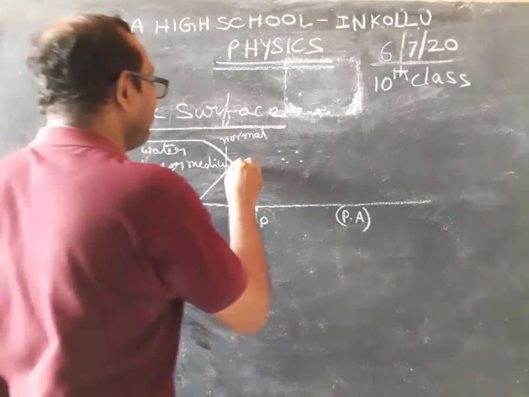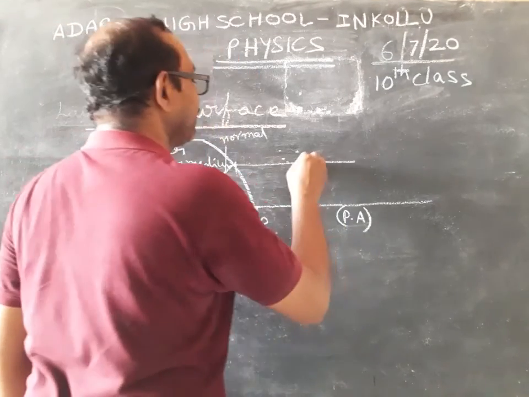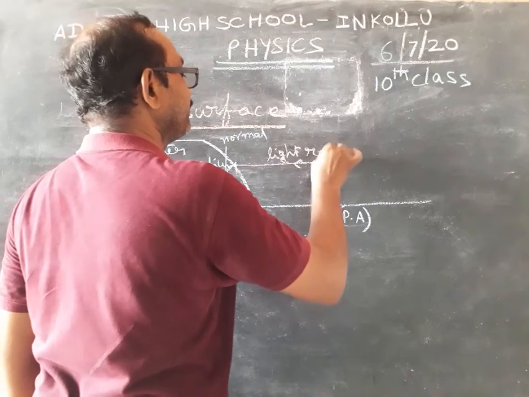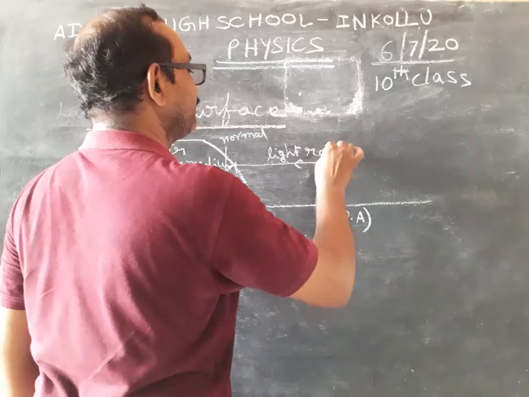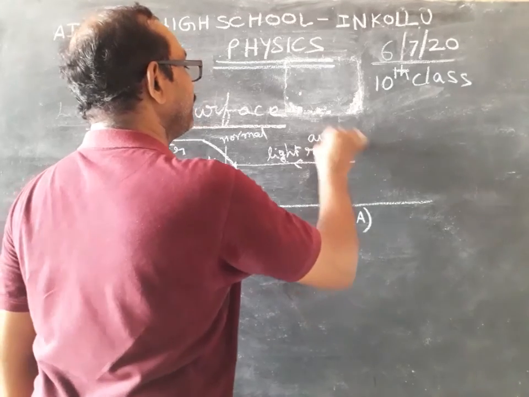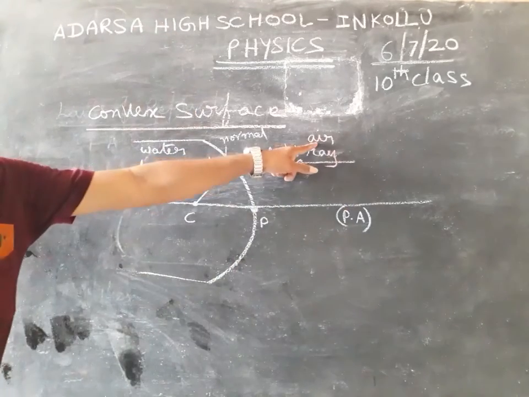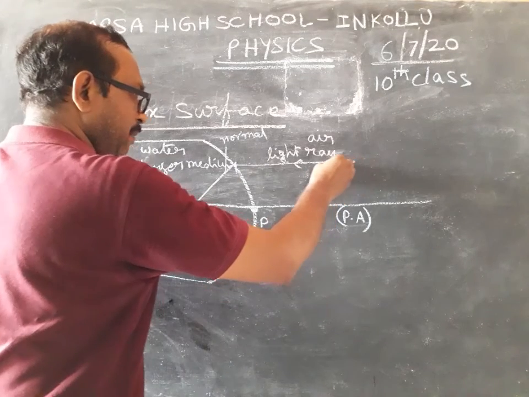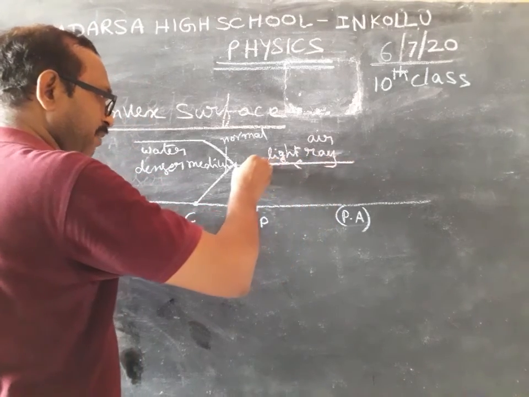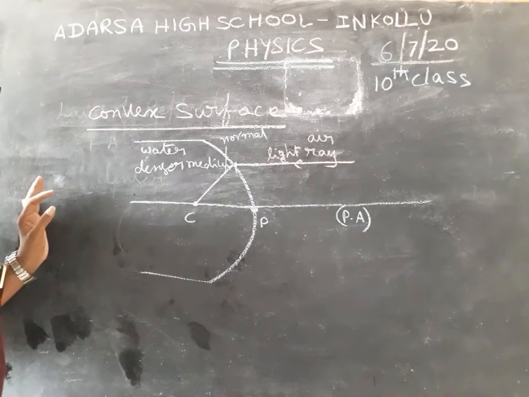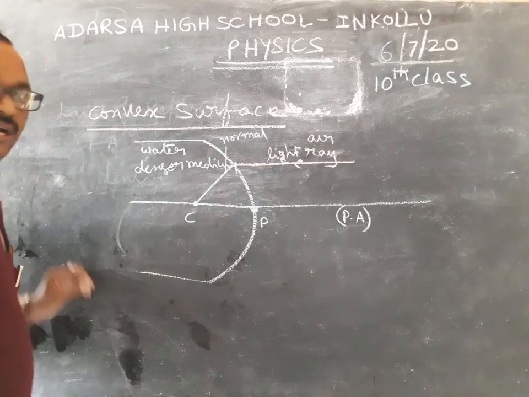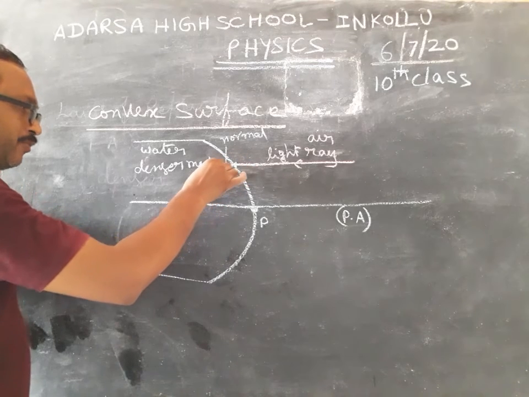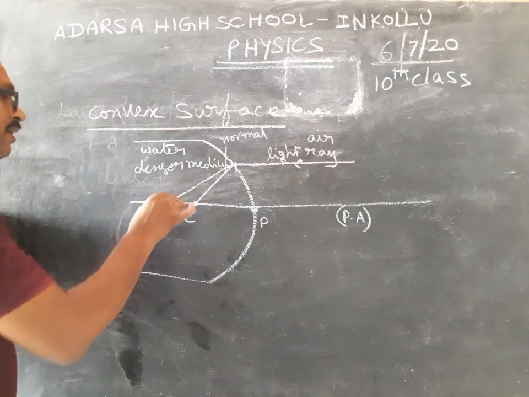A light ray. This is the light ray. It is the air; air means rarer medium. Water means denser medium. A light ray passes from rarer medium to denser medium towards the curved surface, then it will be bent towards the normal.